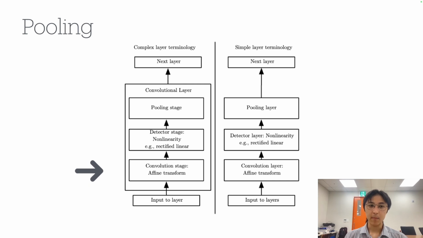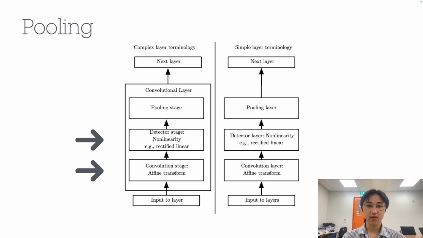Next thing is pooling. Pooling is one of the important parts of convolution networks. A convolution layer actually consists of 3 stages. The first stage is the convolution stage, where we apply the convolution operation. The next stage is the detector stage, where we apply the activation function to the resulting matrix or vector.